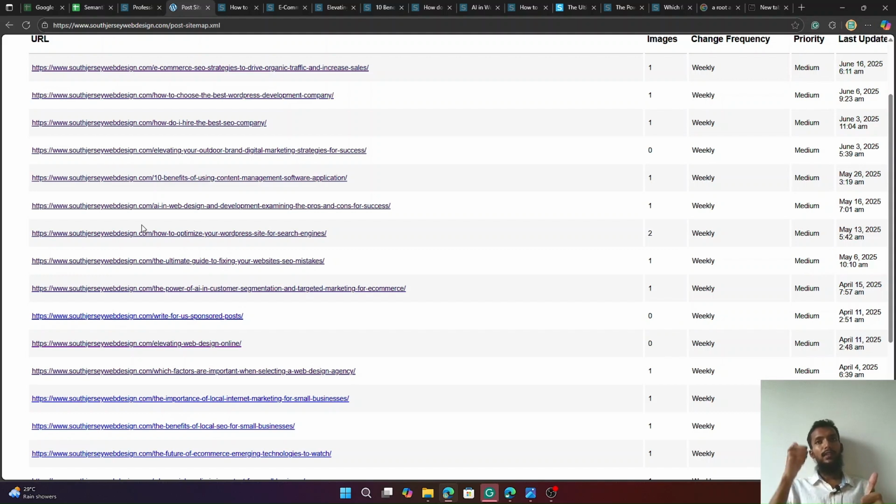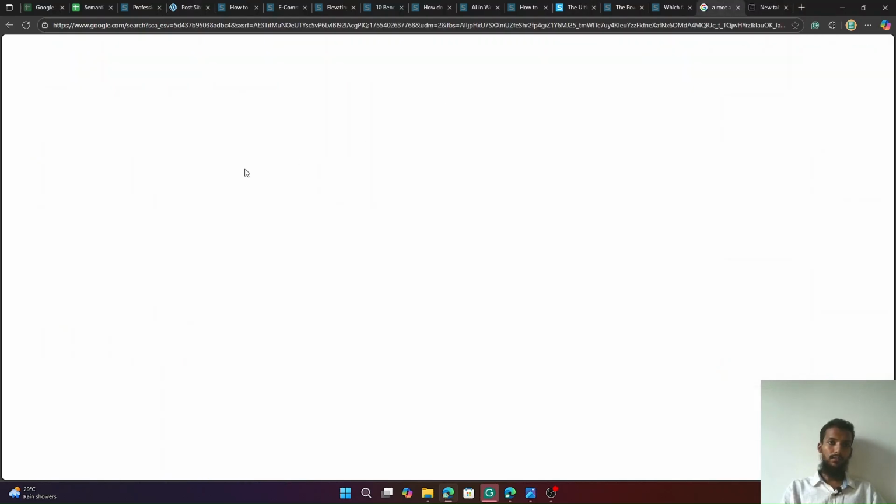But in a topical map there should be a core section and there should be an outer section. In the core section, like I said, you have to be focused solely on what your business is about and write articles regarding that, your service pages and stuff. And the outer section is, let's see if I can find something about that.